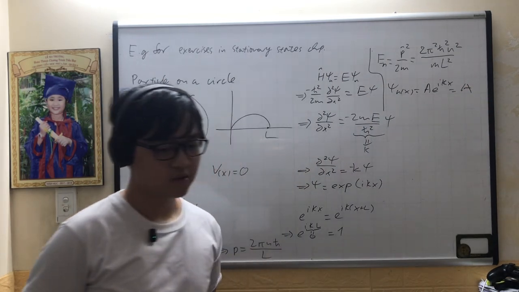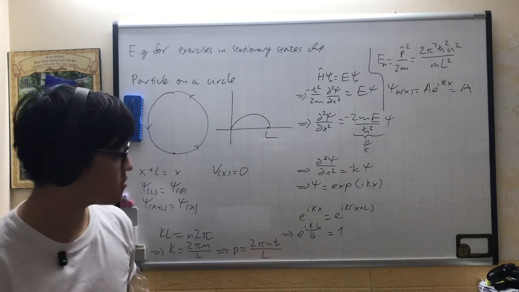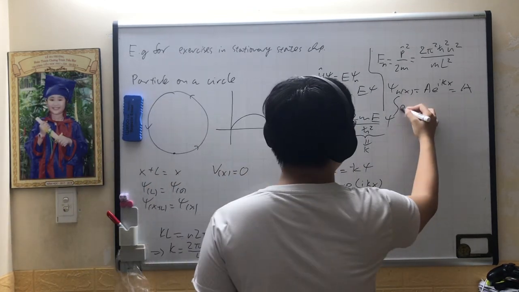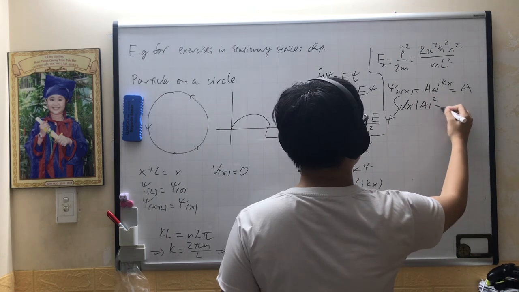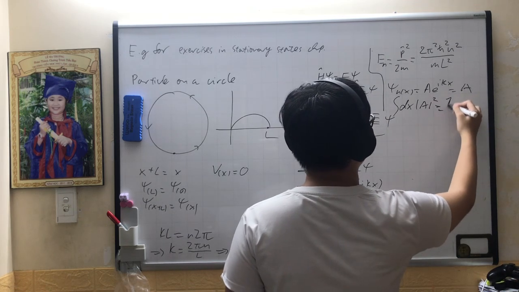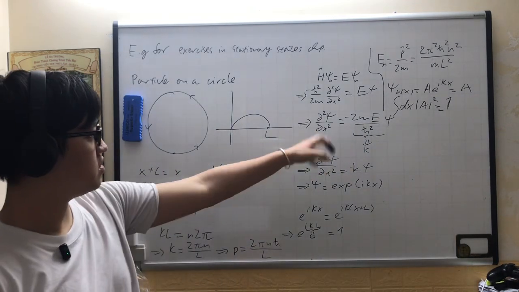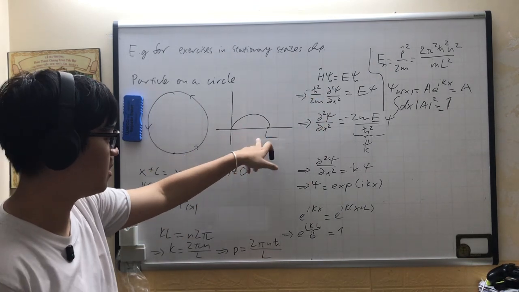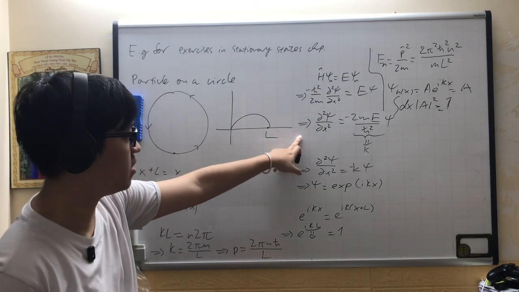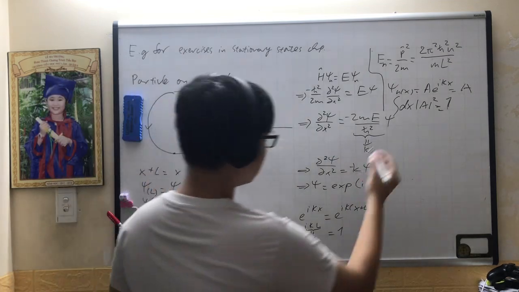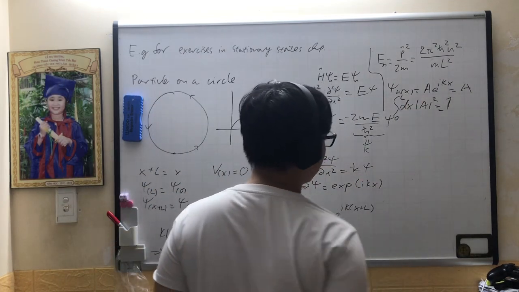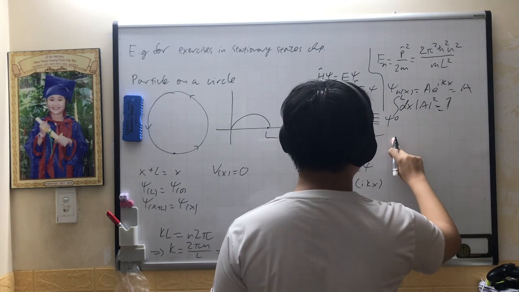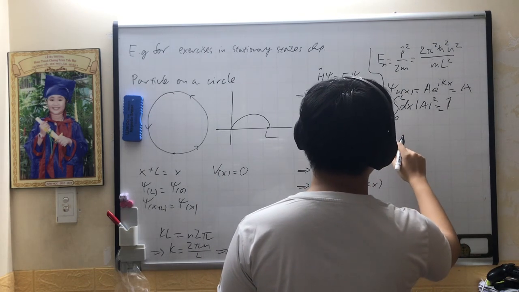Now with that, you do the normalization. You integrate it, equal to 1, from 0 to L, because it would only repeat periodically at L, 2L, 3L. So this is an integral from 0 to L. And what would you get from that?